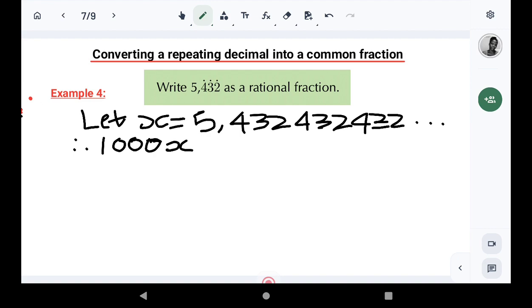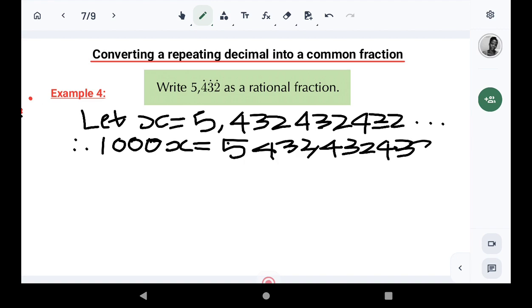So this is the same thing as taking the decimal 3 spaces to the right, and that becomes 5,432,432,432, and so on and so forth.